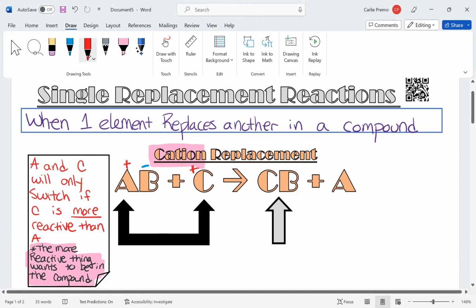Some of the same rules apply as when we are making new formulas. Elements, and I'm talking just elements, not polyatomic ions, should not have any subscripts when you move them over.